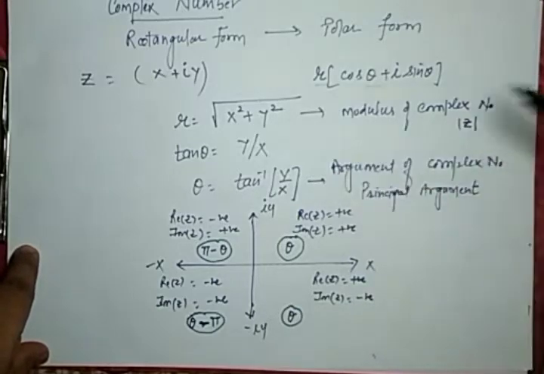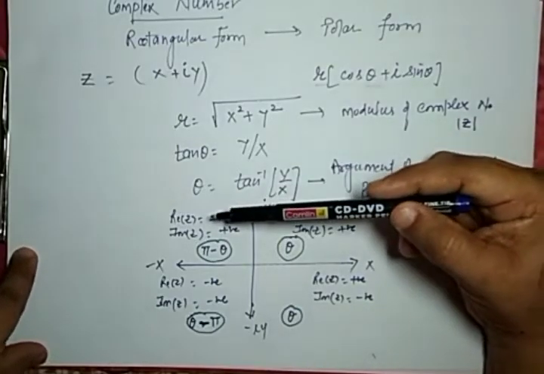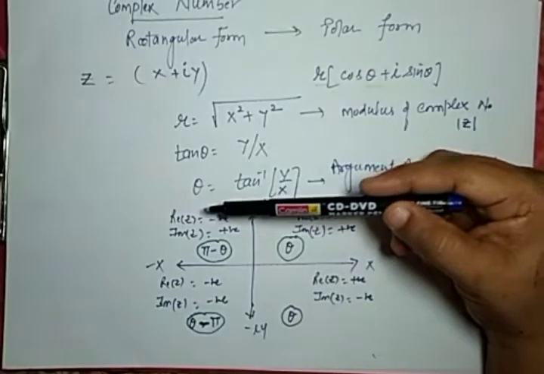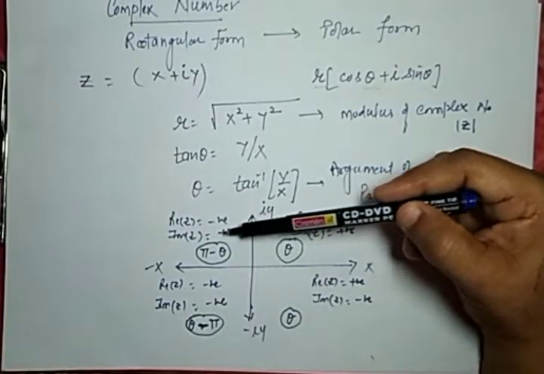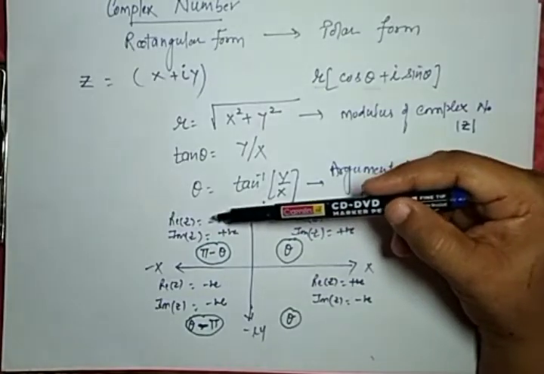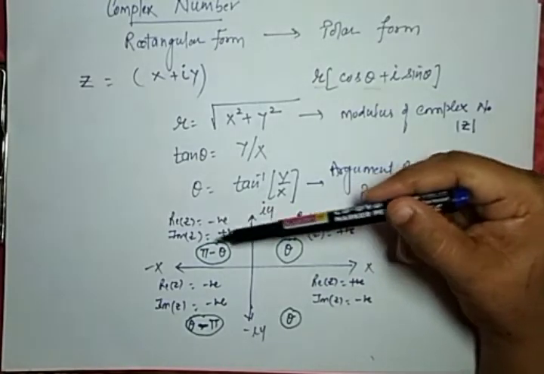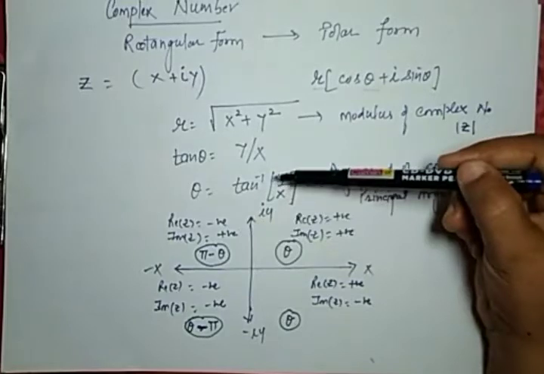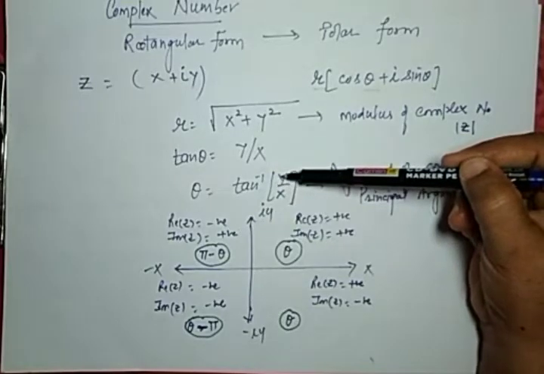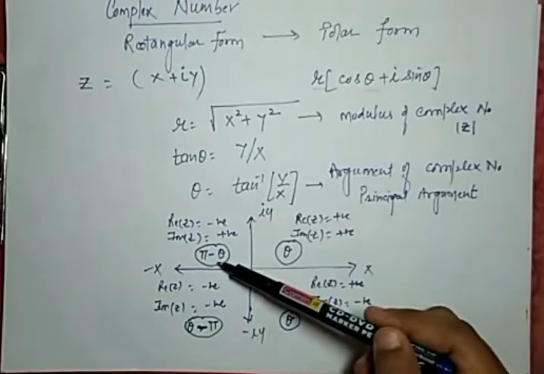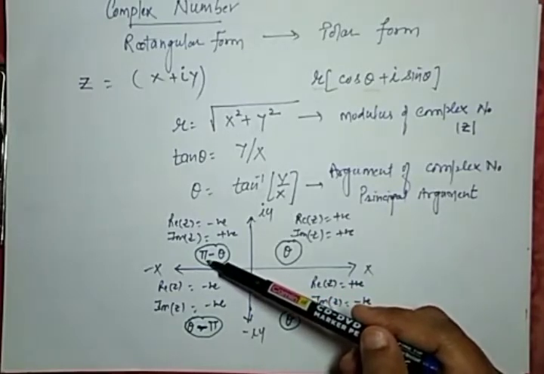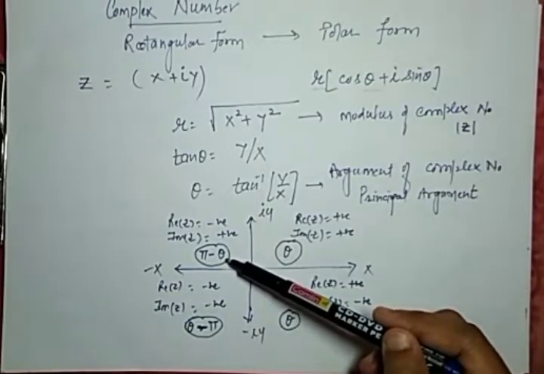If the real part of z is negative and the imaginary part of z is positive, meaning x is negative and iota y is positive, then we first calculate theta using this formula, and the principal argument will be calculated by the formula pi minus theta. We have to subtract it from pi.